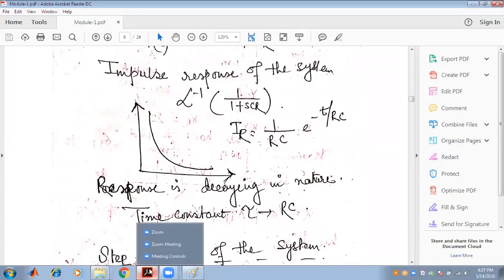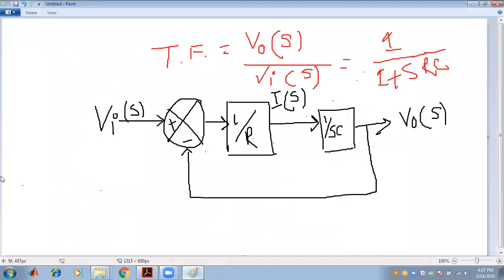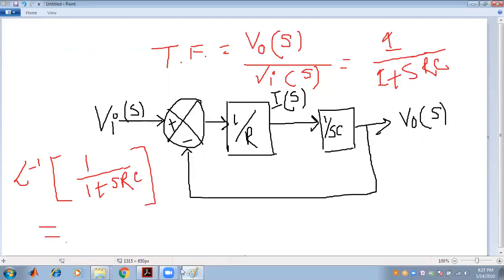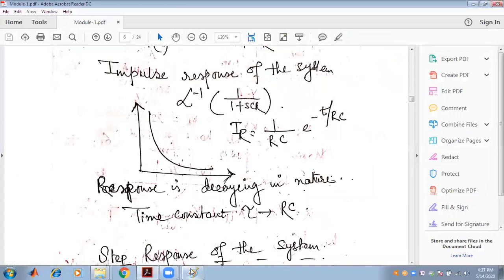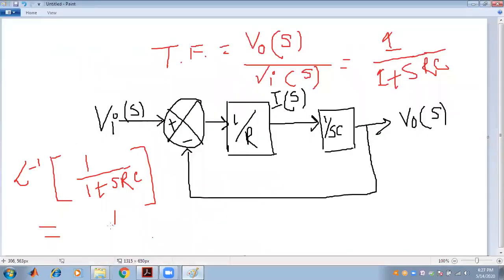Okay, so what I have told now is, if I take the Laplace inverse in order to find the impulse response of 1 by 1 plus SRC, the impulse response will be 1 by RC into e to the power minus t by RC.